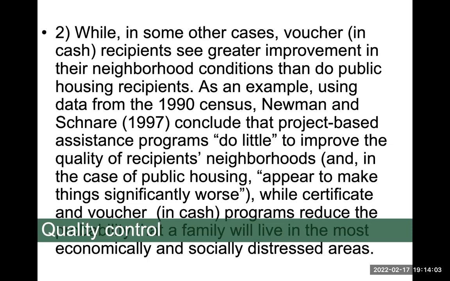For example, using data from the 1990 census, Newman and Schnare concluded that project-based assistance programs do little to improve the quality of recipients' neighborhoods, and in the case of public housing, it appeared to make things significantly worse. Meanwhile, the certificate and voucher programs reduce the probability that a family lives in the most economically and socially distressed areas. So this is quality control.